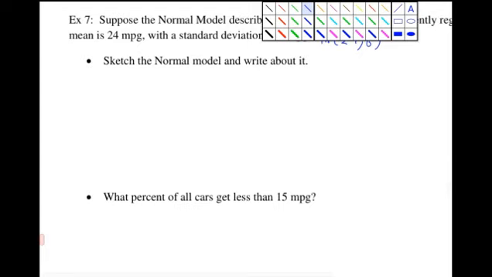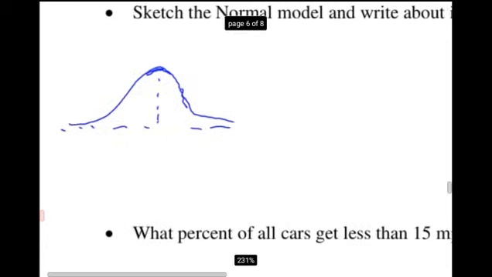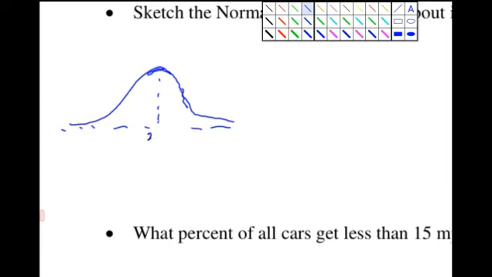So we want to sketch the model. It's kind of ugly, but it works. So our mean is 24. Standard deviation is 6. So you get 18, 12, and 6 over there. These are miles per gallon.